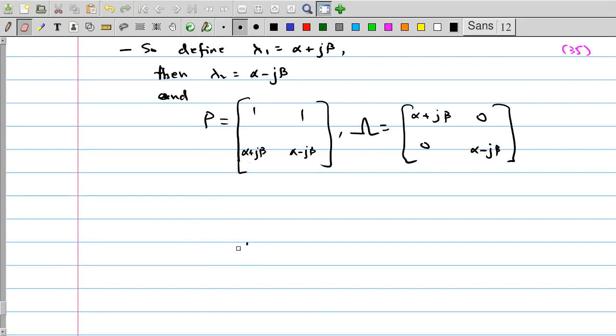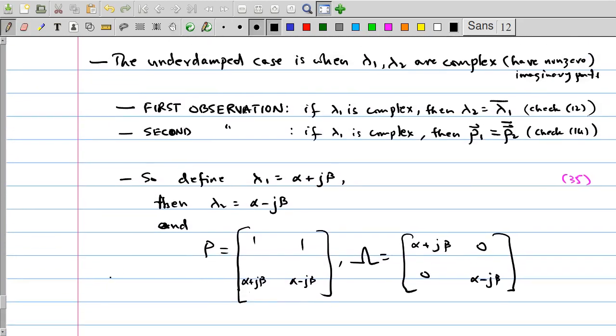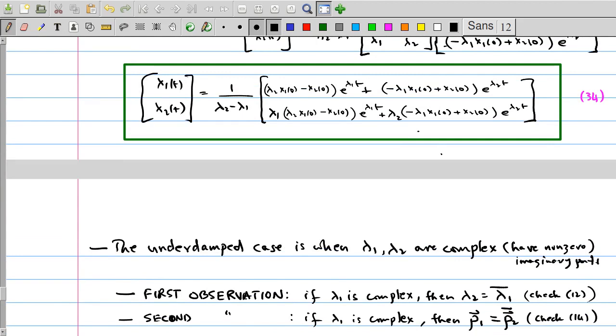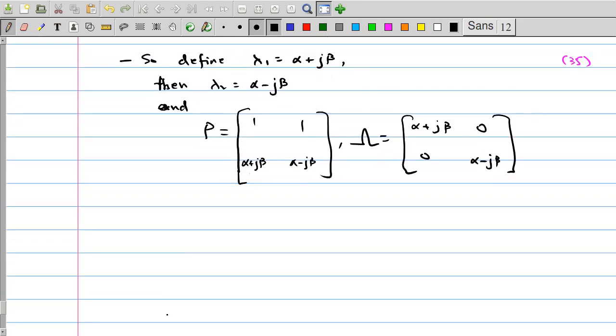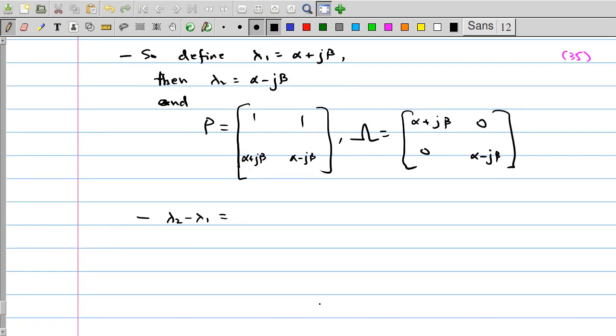We have the solution right there. So all we have to do is go through the incredible pain of it. Then we want lambda 2 minus lambda 1 for a start, right? We won't number these. So lambda 2 minus lambda 1 becomes equal to minus 2 j beta. Okay, that's 36.